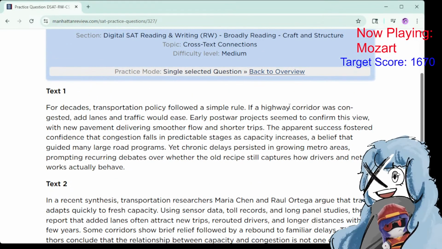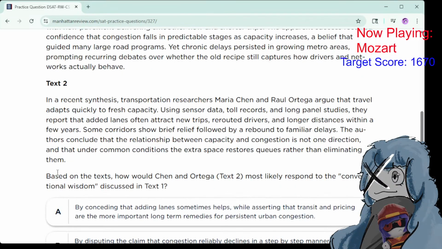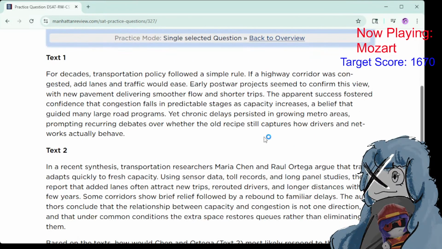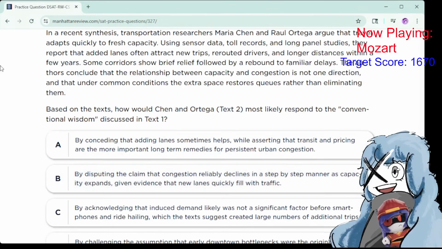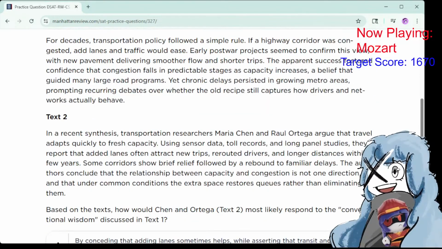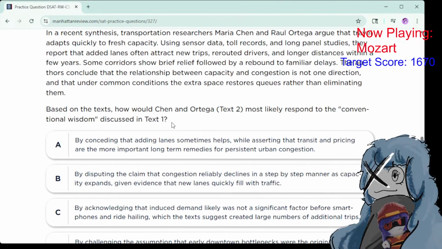It does not say conventional wisdom. This question's wrong. Well, we can assume that the conventional wisdom is that more lanes means better traffic.